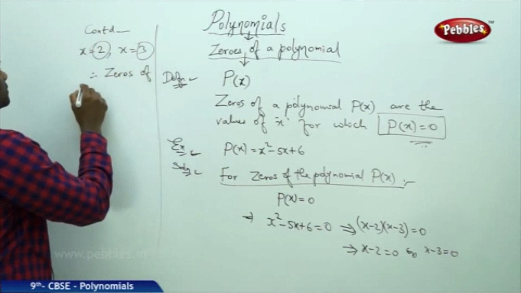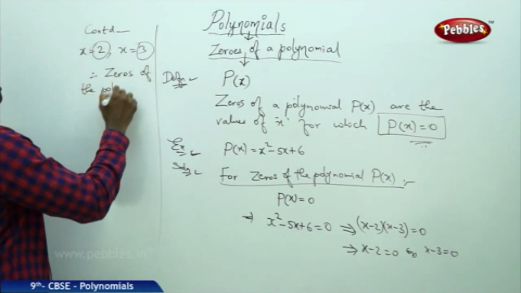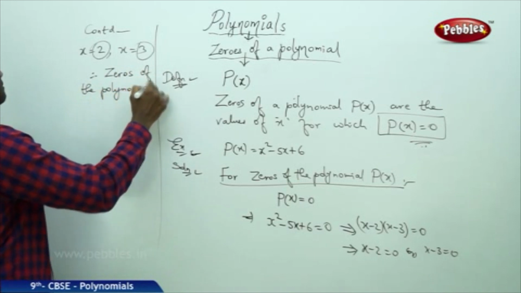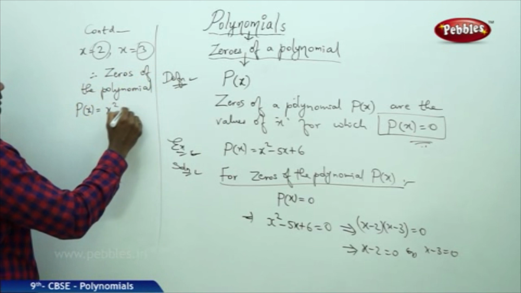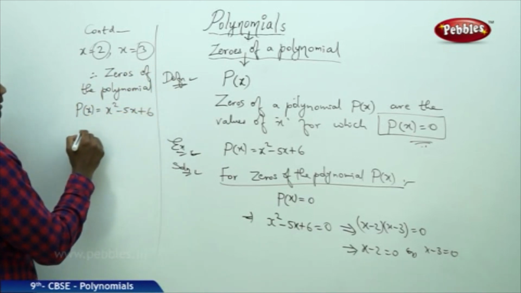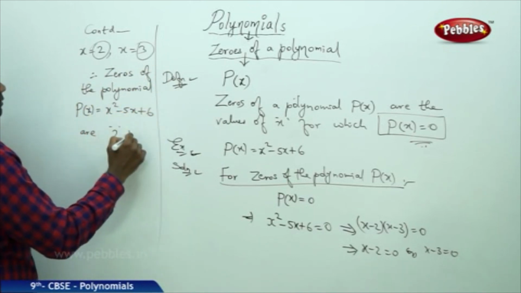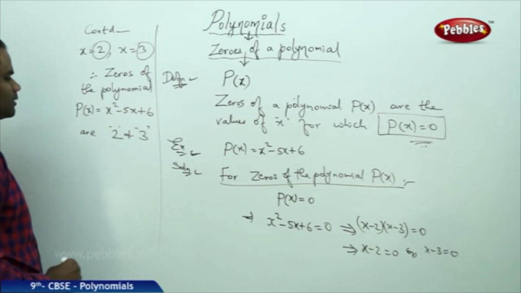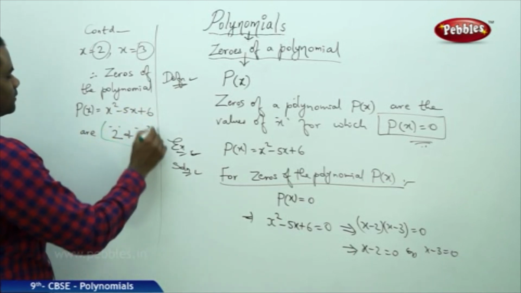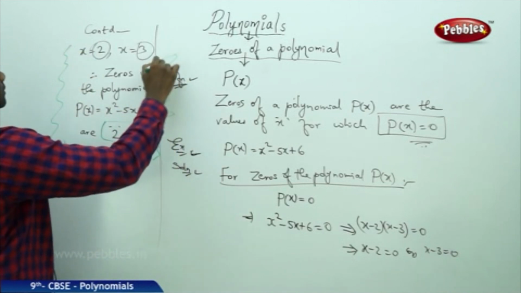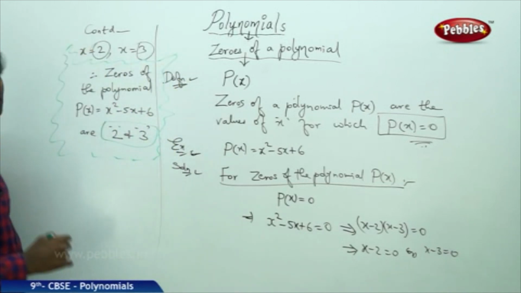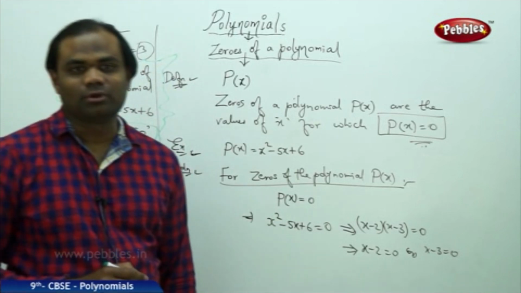Therefore, the zeros of the polynomial p of x equals x squared minus 5x plus 6 are 2 and 3, which is how we define the zeros of the given polynomial.